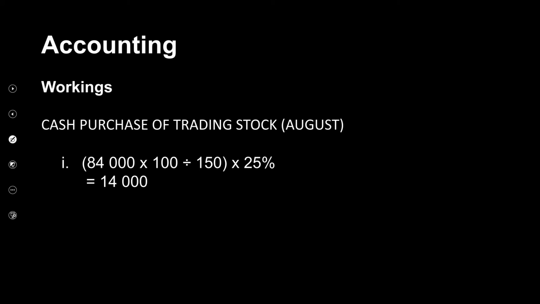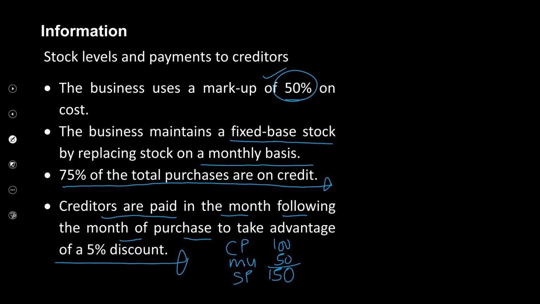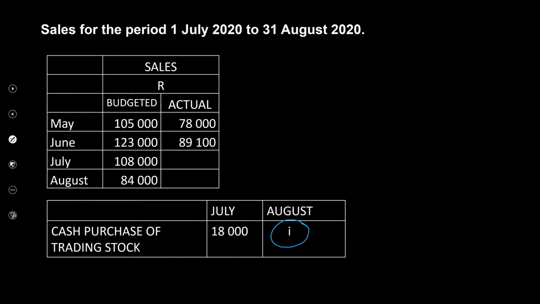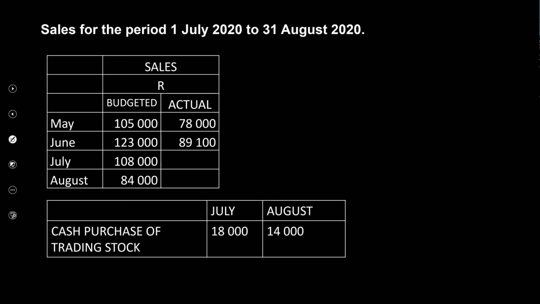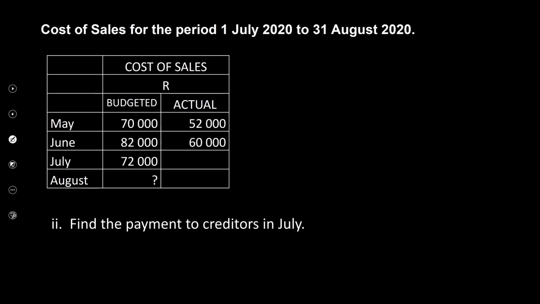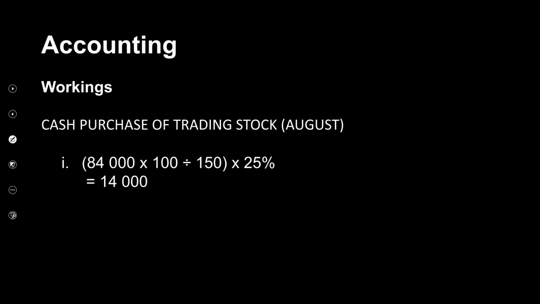Let's go back. Right? Clearly you can see that you have your sales figure there, right? And you need your cost of sales figure. Here we go. Obviously, firstly, we find out that we have 84,000 Rand as the total purchases, right?